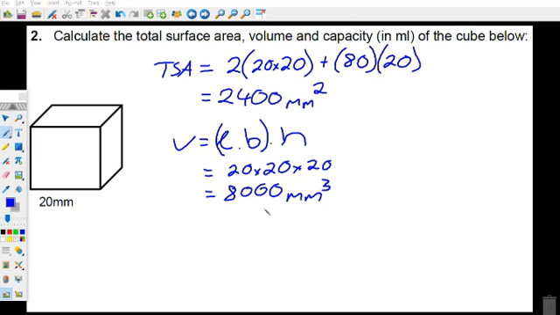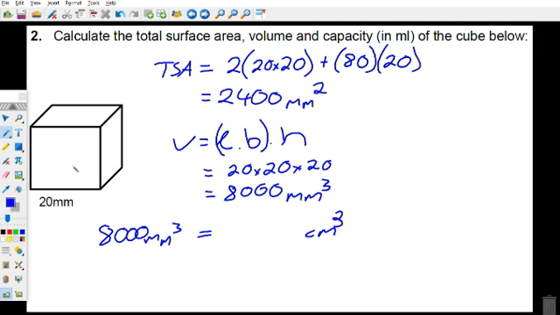Okay. So now they want the capacity in milliliters. Now we know the conversion is that 1 centimeter cubed is equal to 1 milliliter. Now we don't have centimeters cubed. We have millimeters cubed. So we have to change something. Okay. So how are we going to get 8,000 millimeters cubed into centimeters? How do you change millimeters to centimeters? Divide by 10.